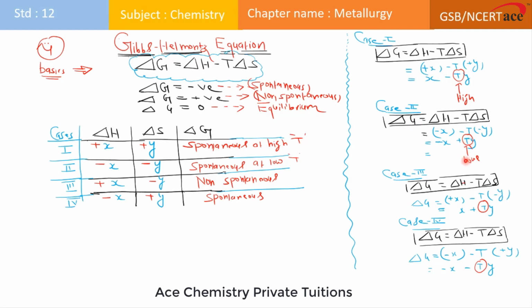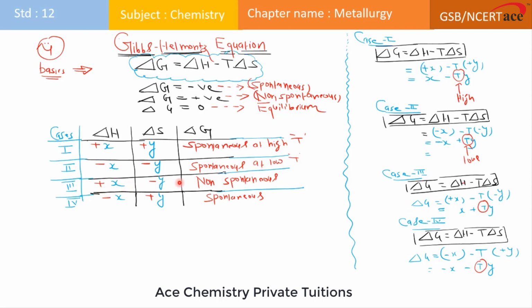The reason is that if you will decrease the temperature, then the value of the entire Ty will decrease. So if you are adding a lower value to this negative value, then you will get a negative value of the delta G. So delta G can be made negative at low temperature, and if the delta G is negative, student, then the reaction will be spontaneous.